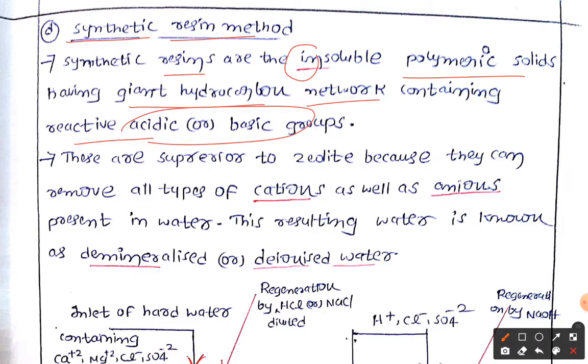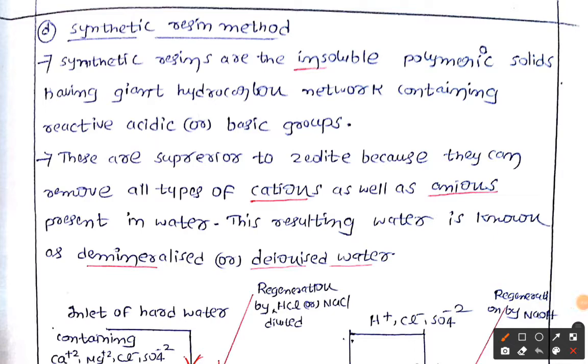Here also we have a big polymer. Polymers are big structures. For example, a bucket or a mug are all polymers. Here also the resins are polymers in the solid state. Mainly you have to remember they have reactive acidic and basic groups.